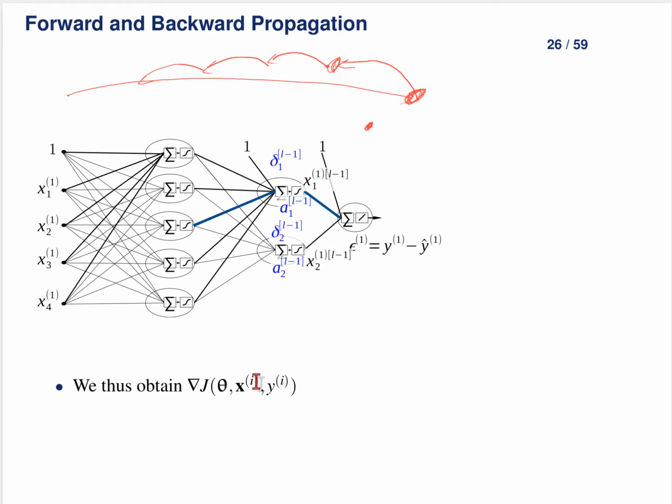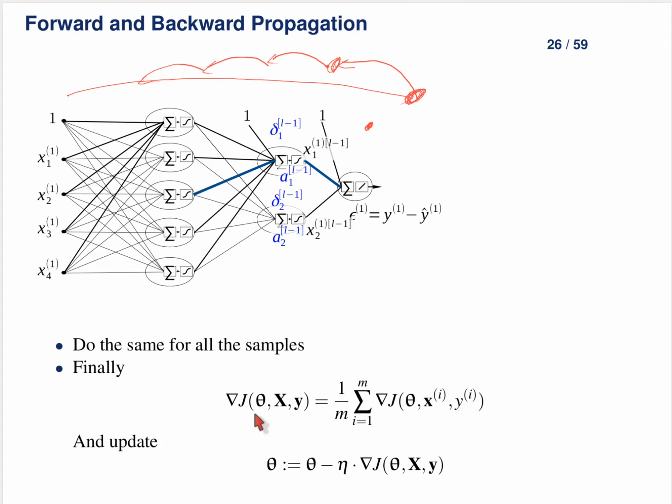At the end, if we have all the derivatives, we have the complete gradient. And we repeat the same process for all the samples, x1, x2, xi in general. By just averaging across all the samples, we obtain the global gradient of the loss function, and we can apply it in gradient descent.